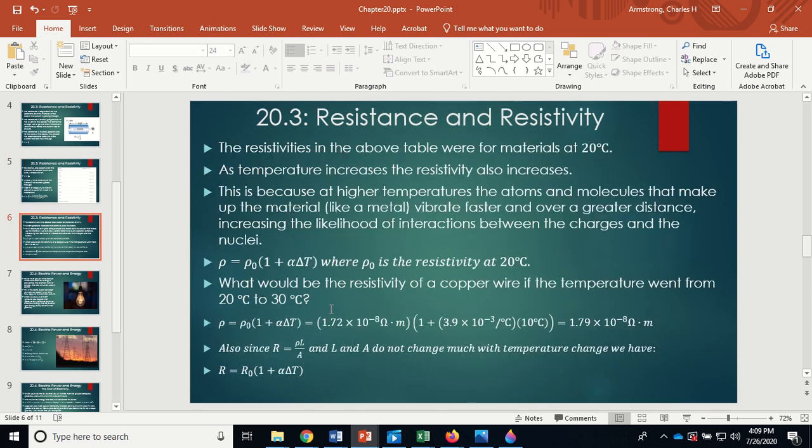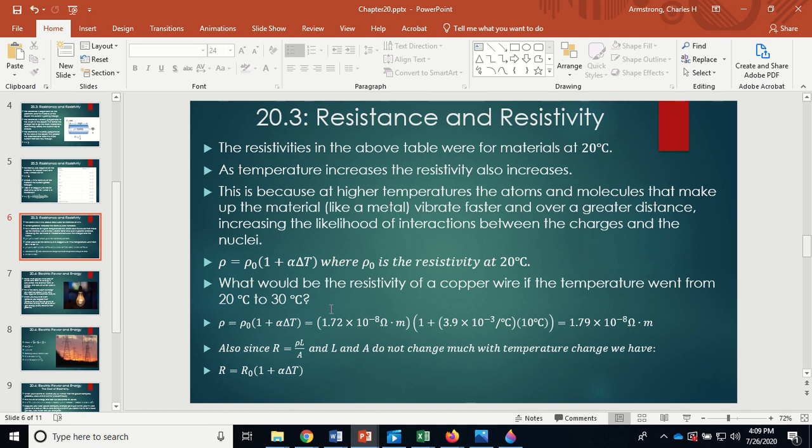The resistivities in the above table were for materials at 20 degrees Celsius. The resistance is going to change with changing temperature. As the temperature increases, the resistivity also increases. This is because at higher temperatures, the atoms and molecules that make up the material, like a metal, vibrate faster and over a greater distance.